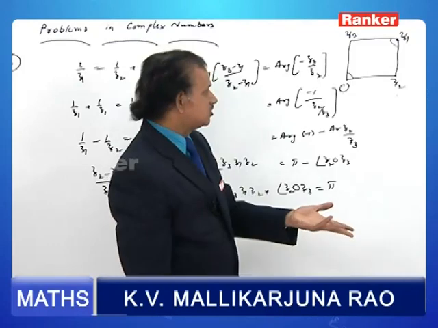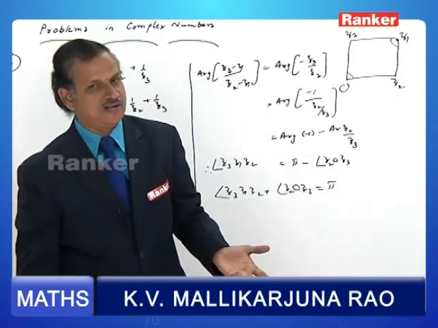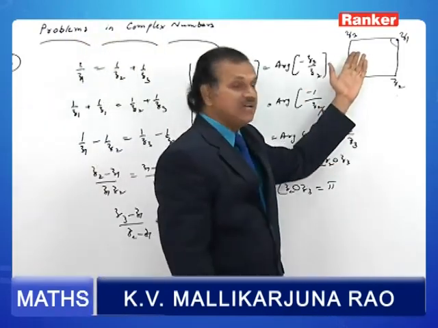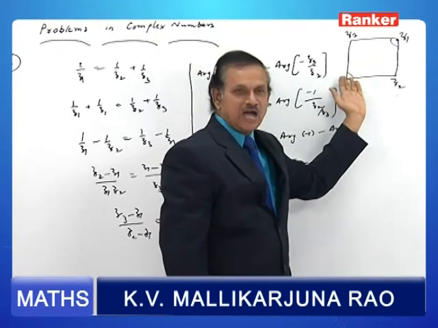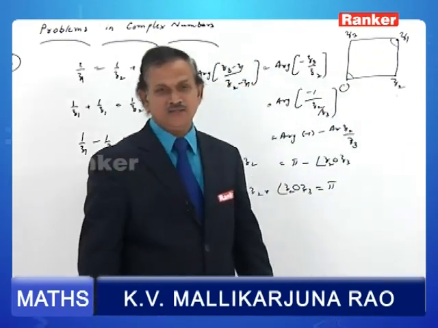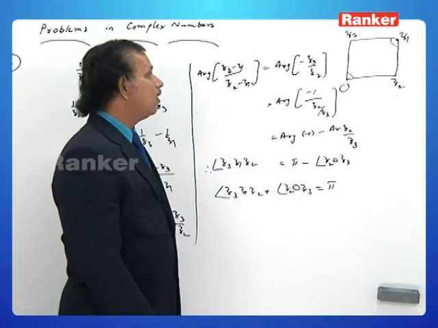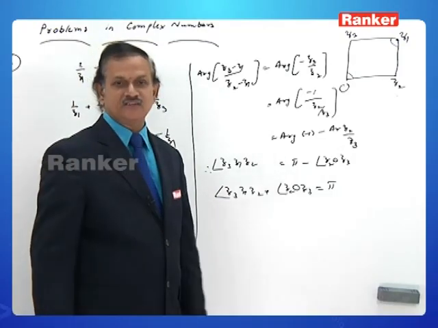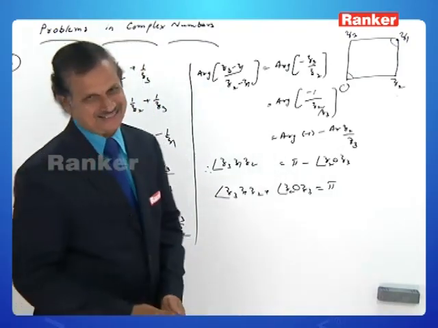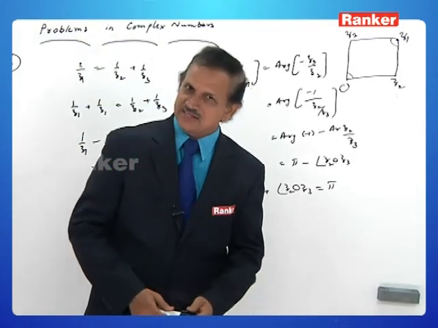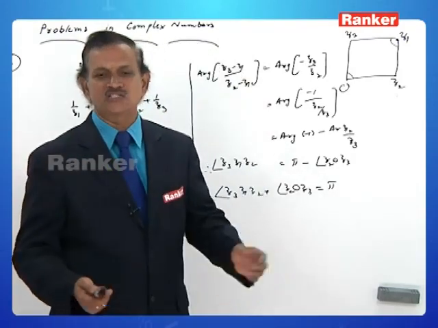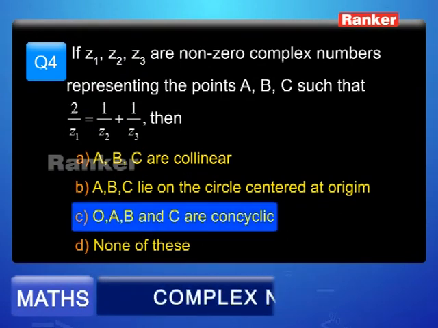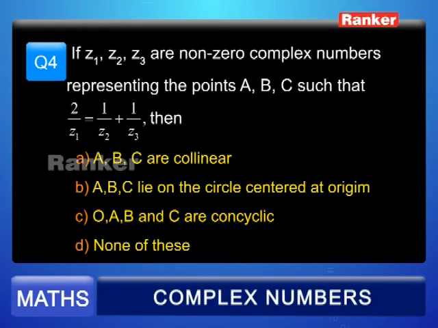Because the total sum of all the angles in a quadrilateral must be 360. This is 180, and the sum of the opposite angles is supplementary. That is, Z2, Z1, Z3 form a cyclic quadrilateral. It does mean that all those points are concyclic. Hence, the right option is option C.